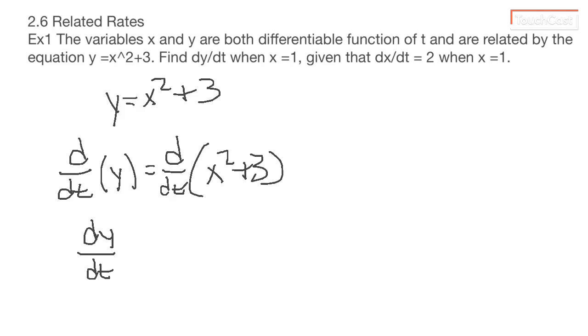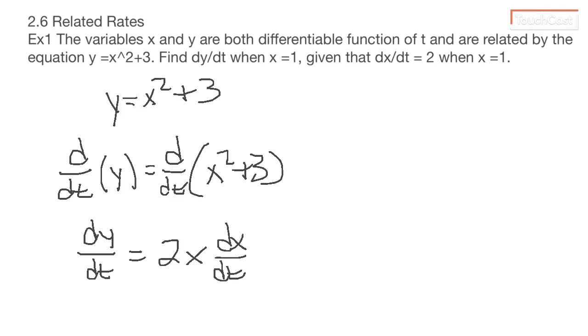And on the right side, using the chain rule, we're also taking the derivative of y, which is just going to be 1. Then we're going to take the derivative of our other side of the equation. 2x would be the derivative of x squared plus 3. And then we're going to write dx/dt.